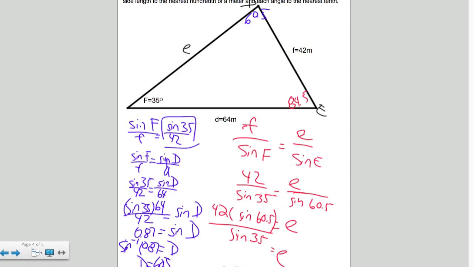I divided by the wrong sine. Divided by sine of 35. Oh, what did I do wrong there? 42 times the sine of. It's not 60. It's 84. Oh! 84.5. Thank you. That's what I did wrong.